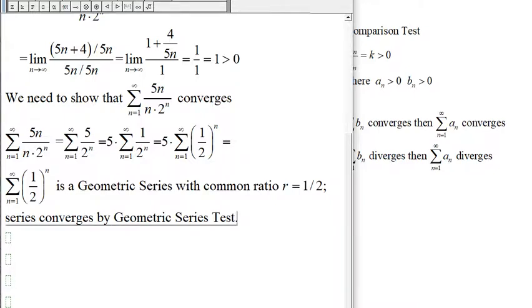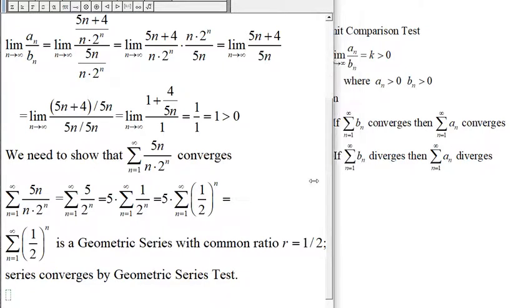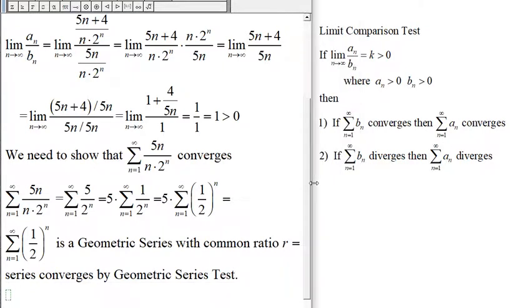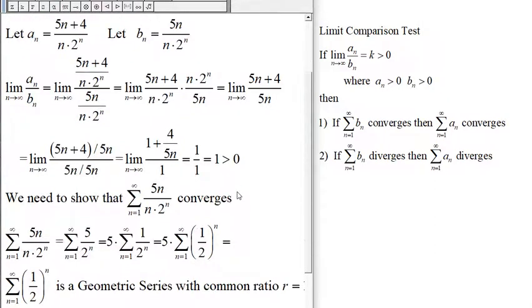Recall that the geometric series test says that if we have a geometric series with common ratio between -1 and 1, then the series converges. And so we have shown two things. We have shown that the limit of a sub n divided by b sub n is equal to 1, which is a positive number greater than 0.